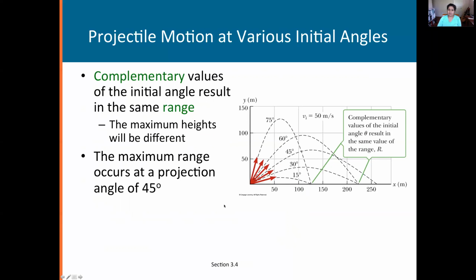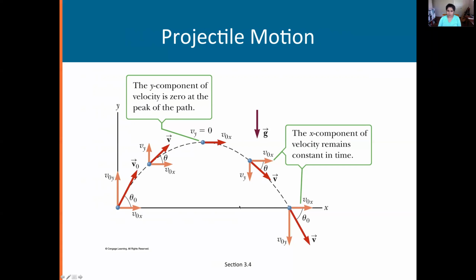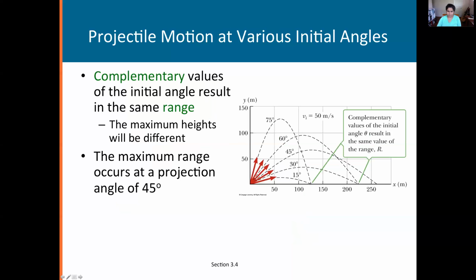It so happens that depending on that initial launch angle, you get different ranges. Range is the maximum distance along the x-axis, from where you launch it to where it hits the ground again. For the special case where you always launch from the same height that it lands, interesting things happen.